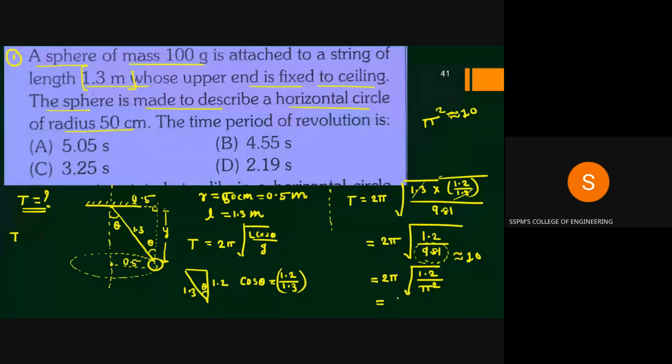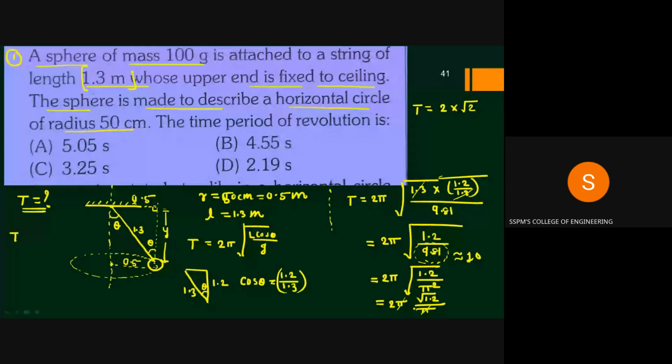So this is 2 pi, in the numerator it is square root 1.2 divided by pi. So this pi and this pi will get cancelled. So the remaining value, T is equal to 2 into the square root of 2.